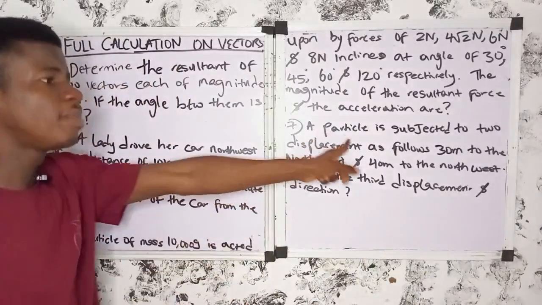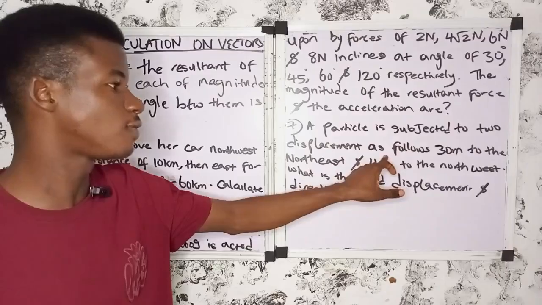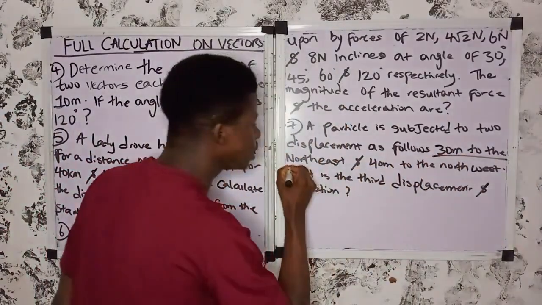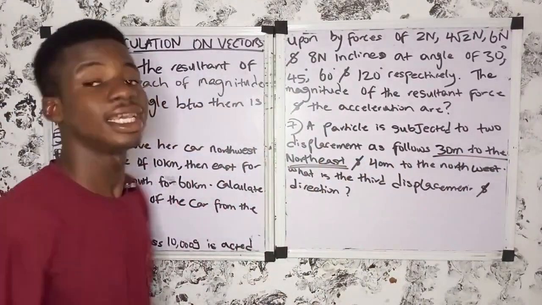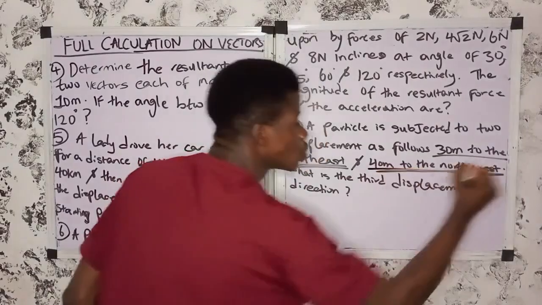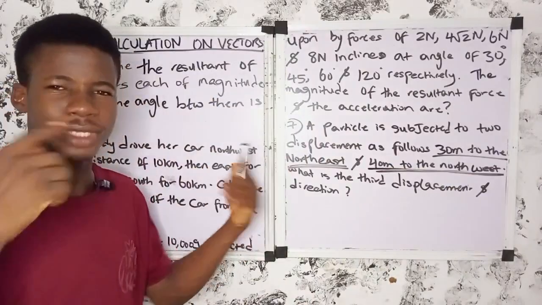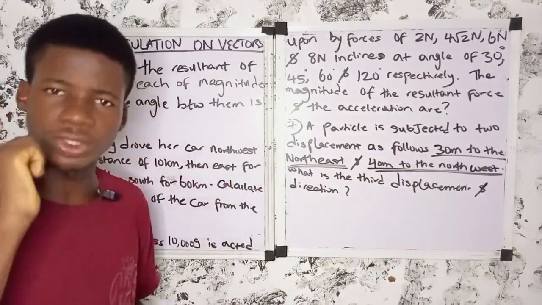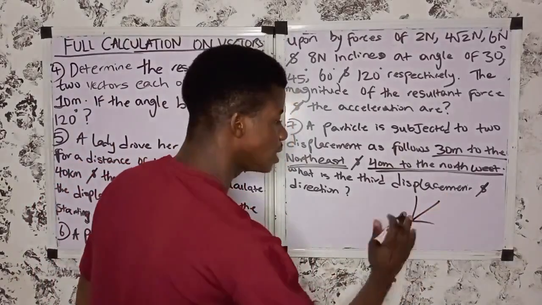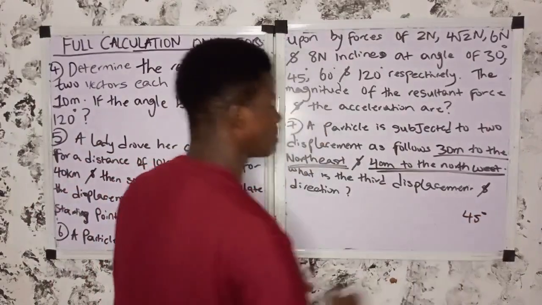Now they said a particle is subjected to two displacements as follows: 30 meters to the northeast and 40 meters to the northwest. Remember, I told you guys, northeast is at an angle of 45 degrees, right?